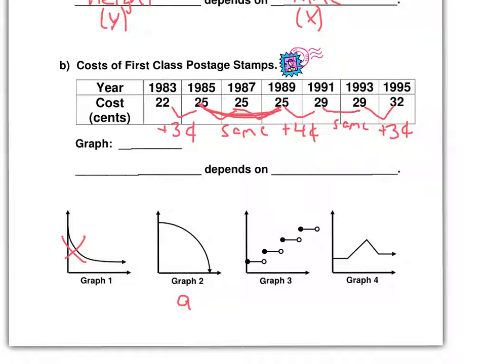Graph 2 is for A, and this could be it, graph 3, and then graph 4. Now graph 4 can't be it. I'm looking at it because it says that it goes up at first, and you can see this is remaining steady, and then it goes up. So it's kind of the opposite, because on this particular one it's going up but then remains the same, then goes up, same, up.